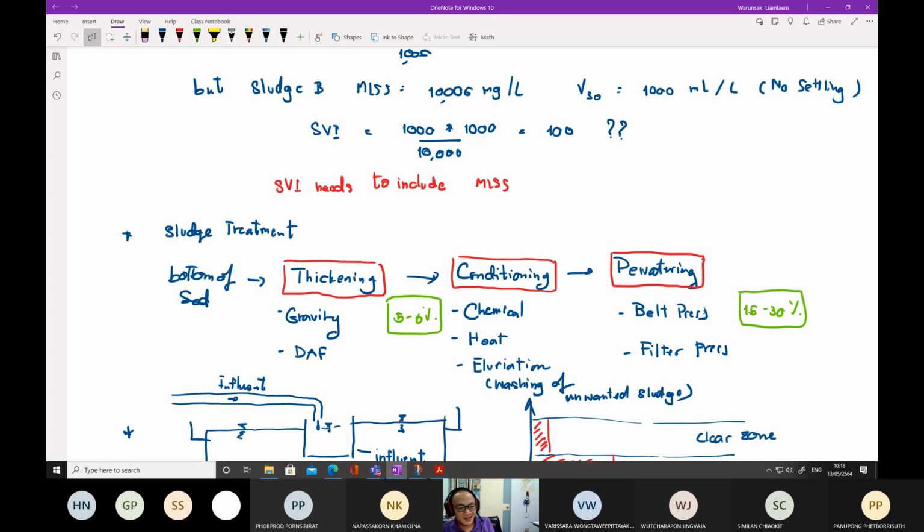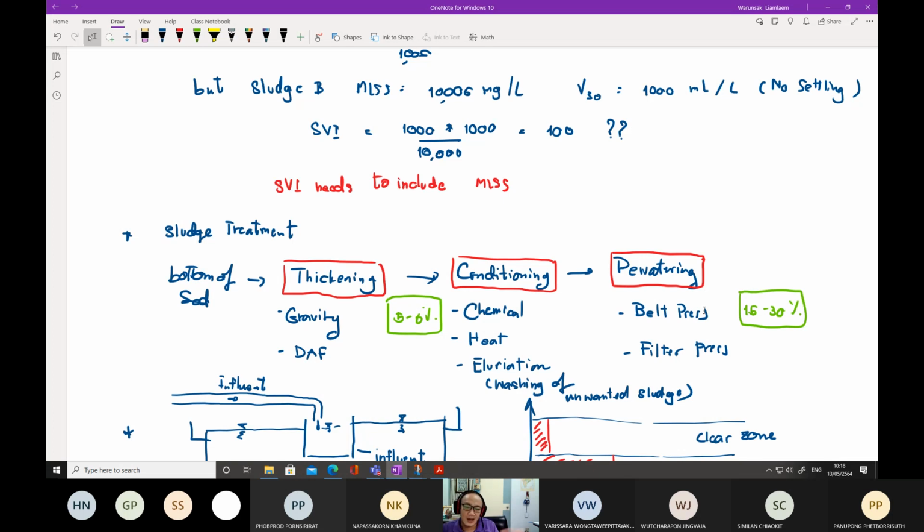So this is basically solids. As it becomes a solid, we can put it in a sack and carry it somewhere. So we can bring this sludge and apply it onto the lands, or we can bring this dewatered sludge and dispose of it in the landfill.